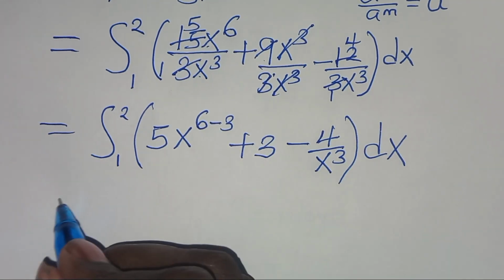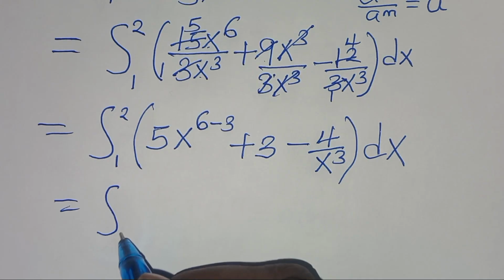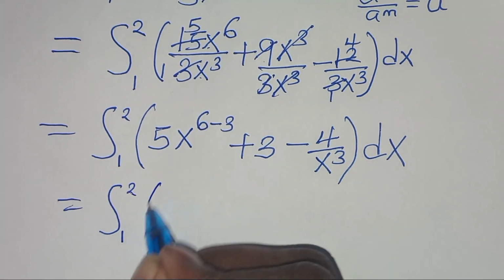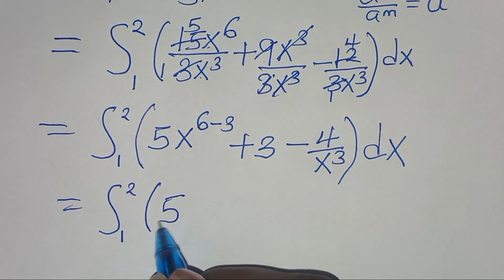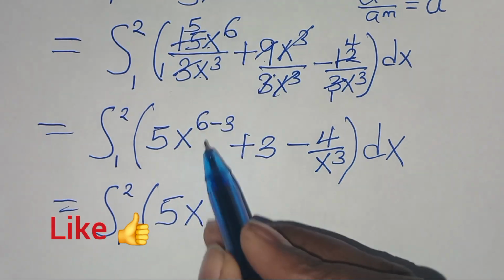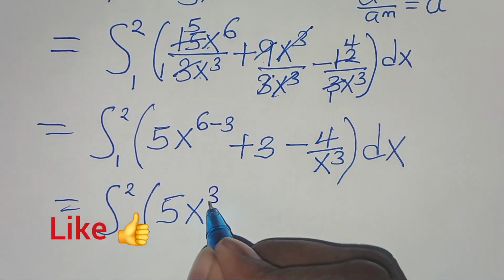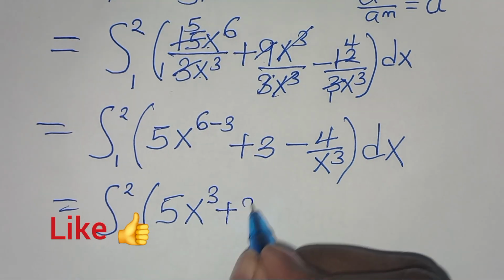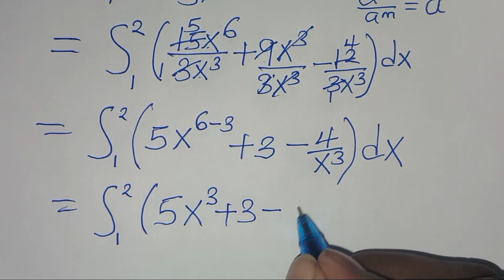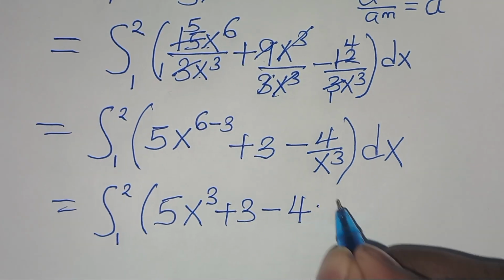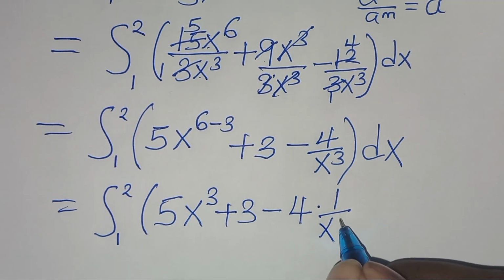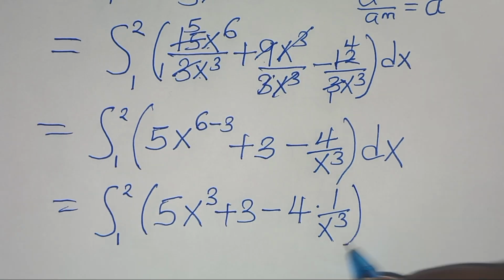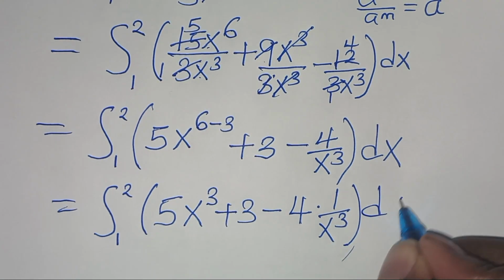Now, the next step is that we have the integral from the limit 1 to 2 of 5x to the power 6 minus 3, this is 3, then plus 3, subtract 4 times 1 over x^3, close the bracket here, dx.